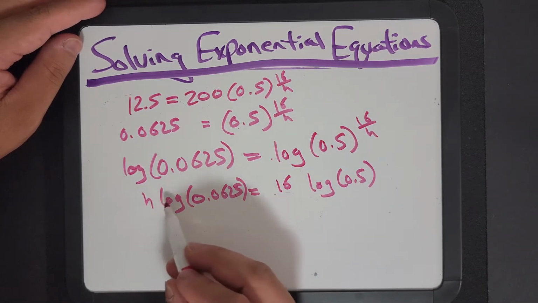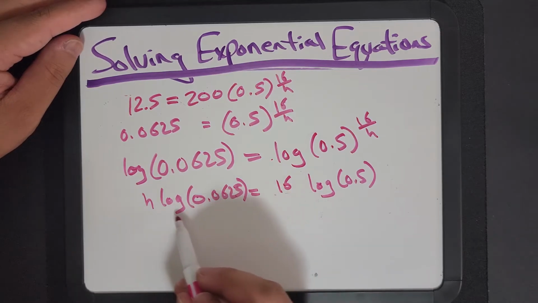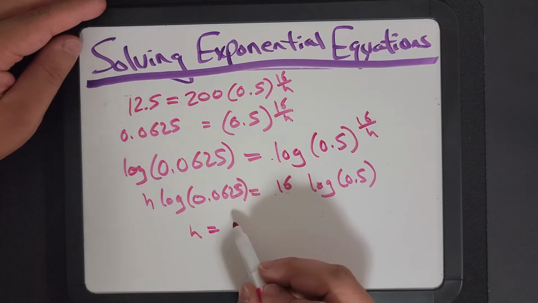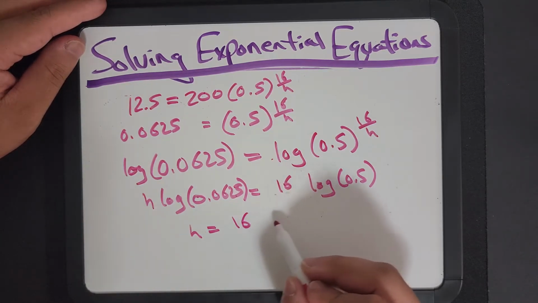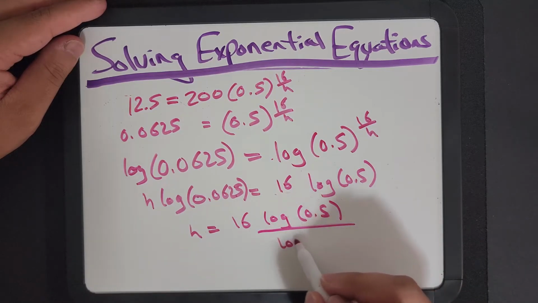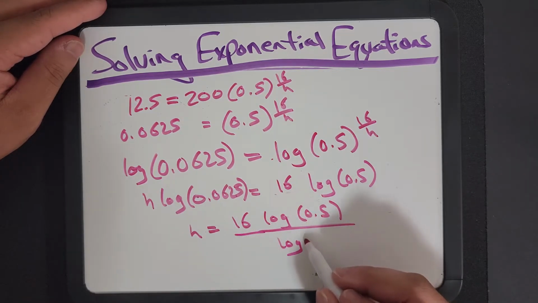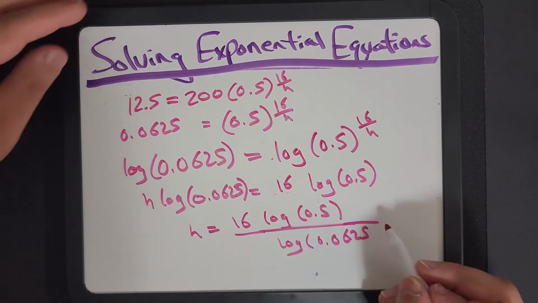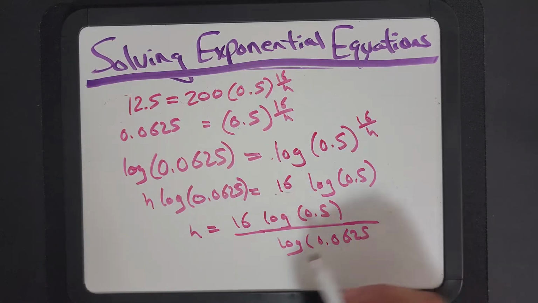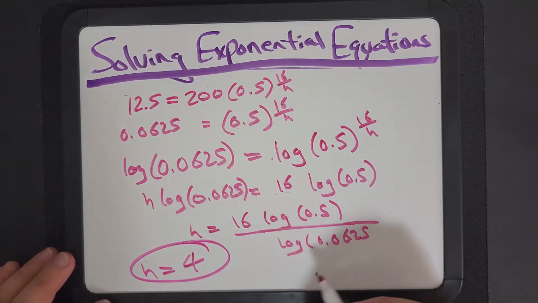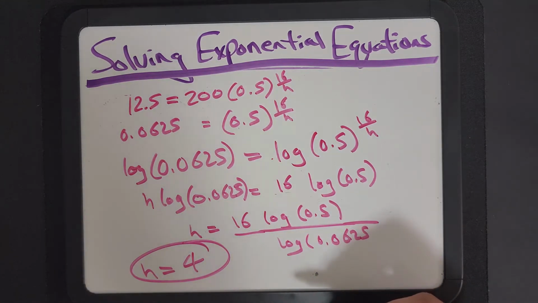Which means I can divide both sides by this log 0.0625, and I'll be left with 16 log 0.5 over log 0.0625, which, if you put into the calculator, you get 4. So the half-life is going to be 4.